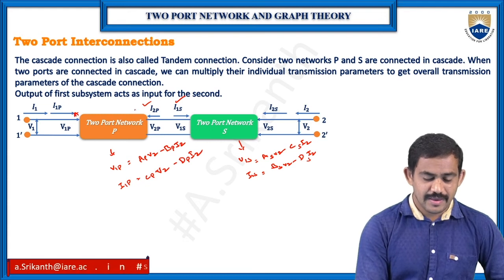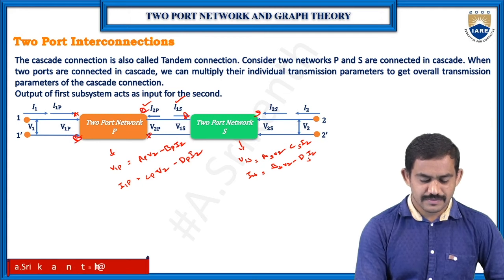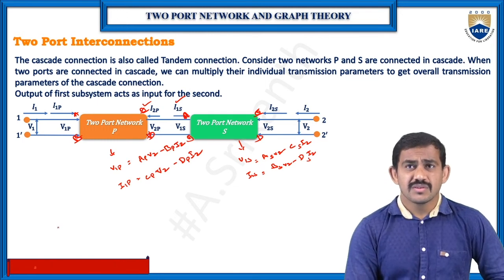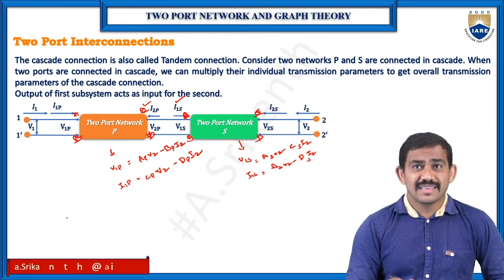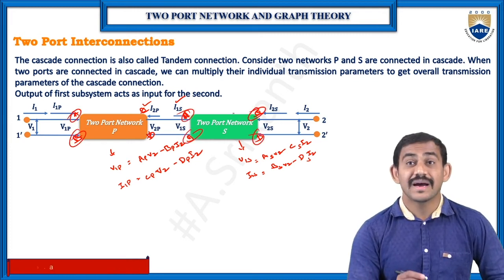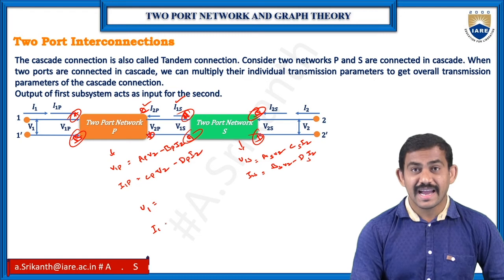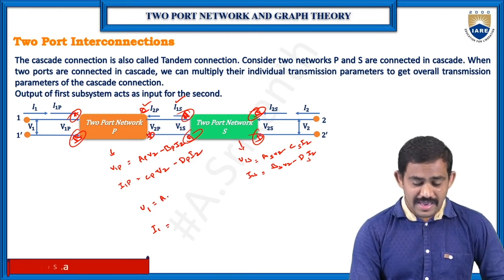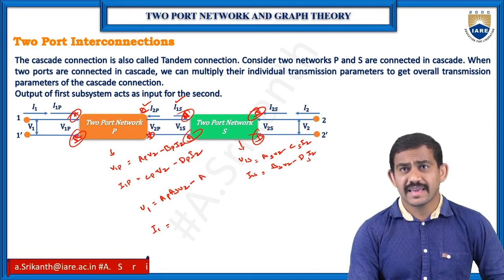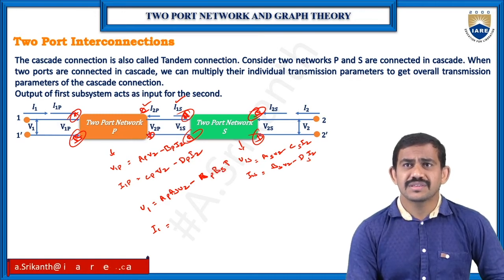So here A, B, C, D and A, B, C, D, okay, we have the values of each two-port network. Each two-port network's values need to be multiplied. So V1 and I1 is equal to A of P and A of S into V2 minus B of P and B of S into I2.